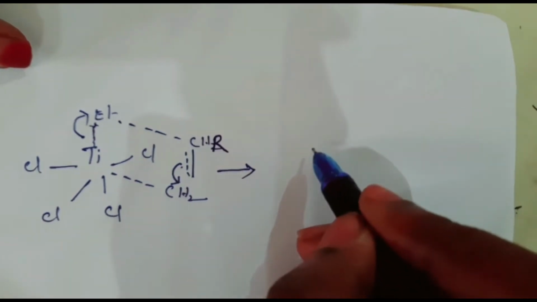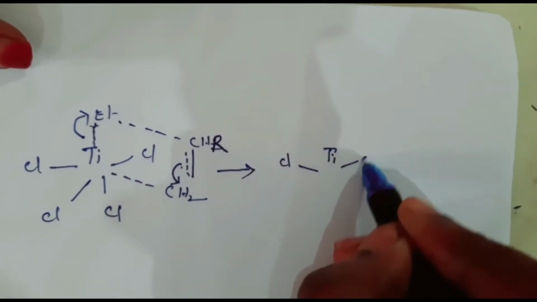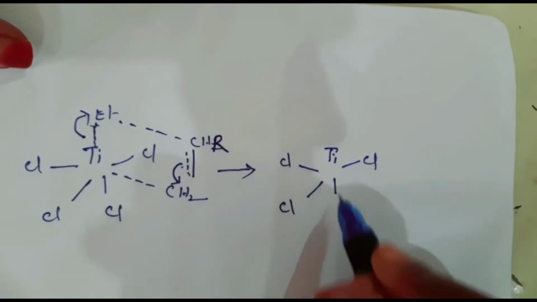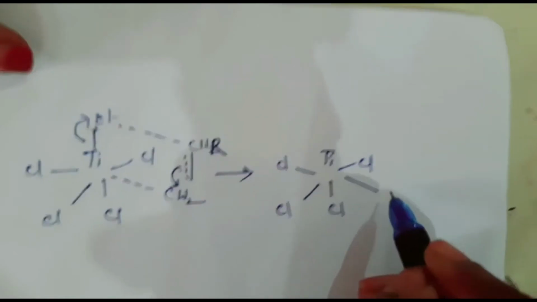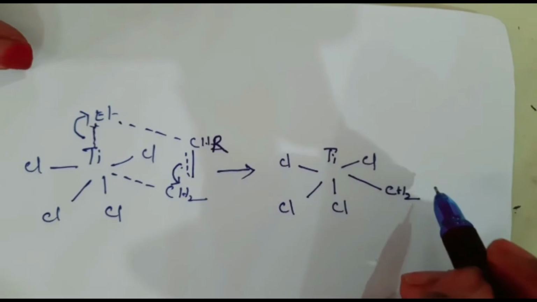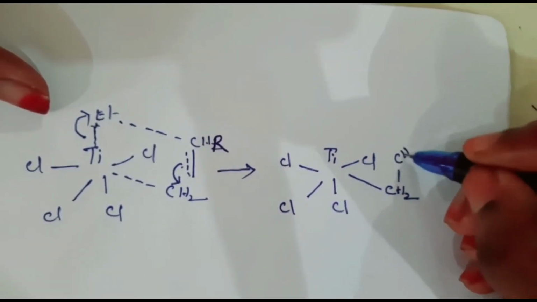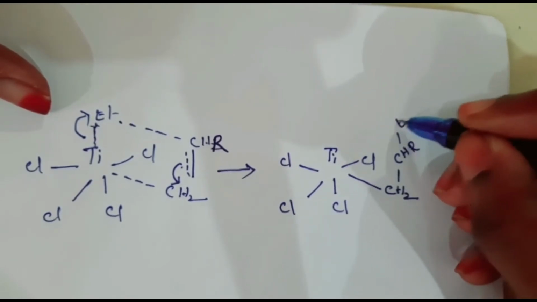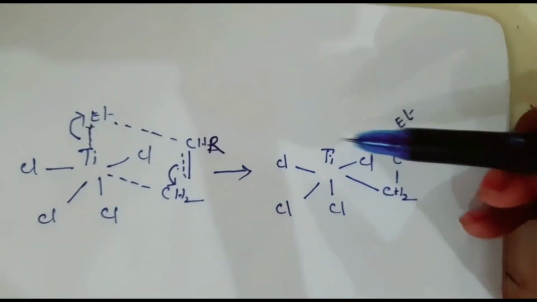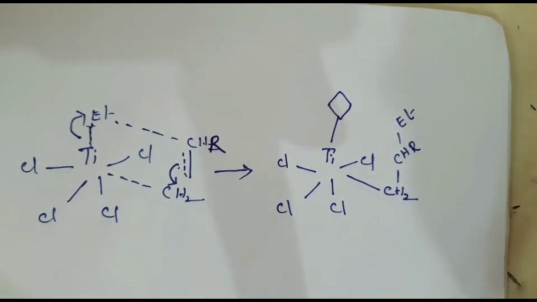So we can write it as Ti, Cl, Cl, Cl, Cl, then CH2, then CHR, then ET. When this titanium-ethyl bond is broken, one active site, or one empty site, will be created on titanium.